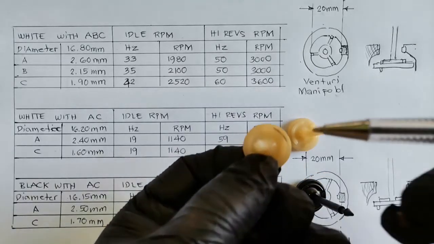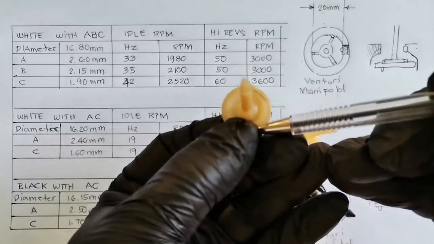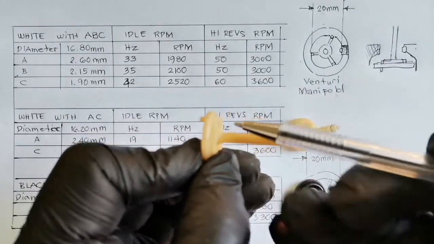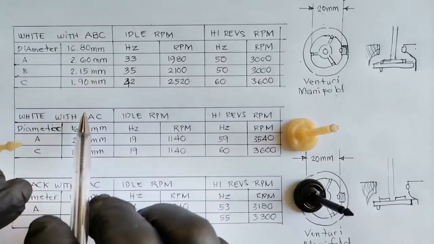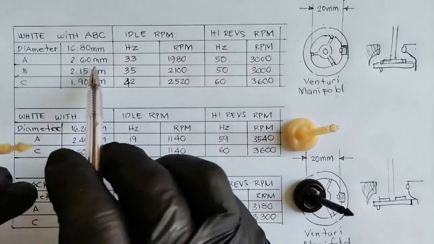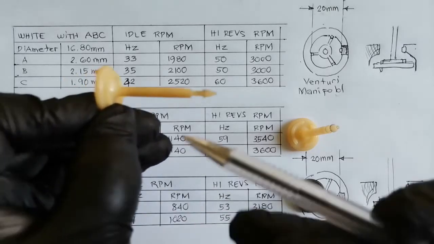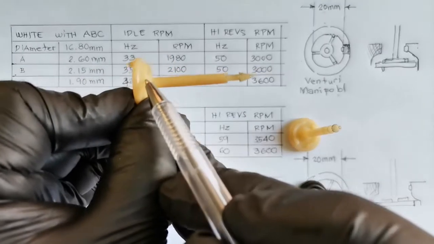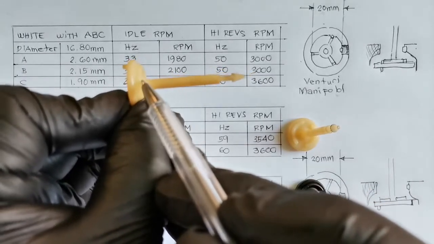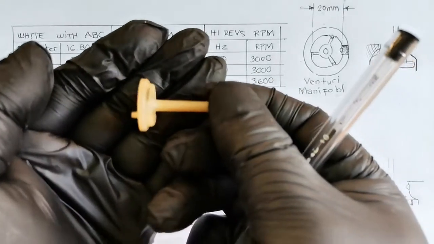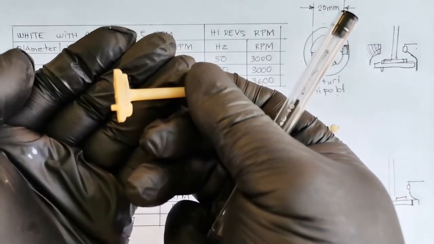The diameter between here and there is about 16.8, and these values here, 2.6, 2.15, 1.9, 2.4, and so on, are the height of the globe there. So the height changes on different settings.